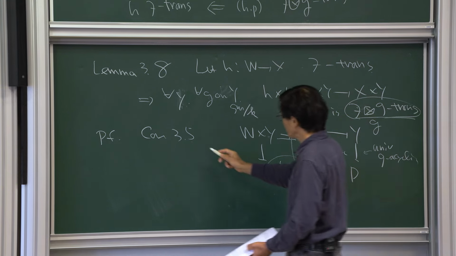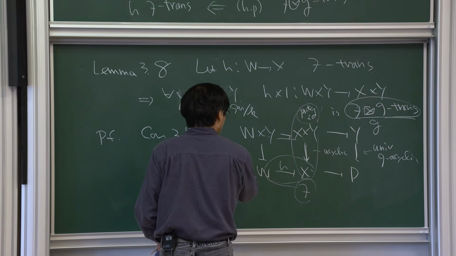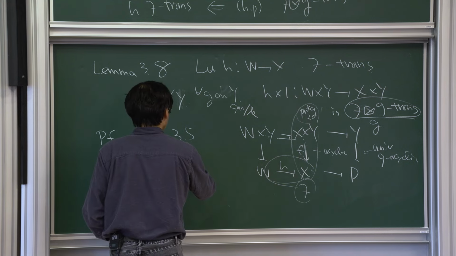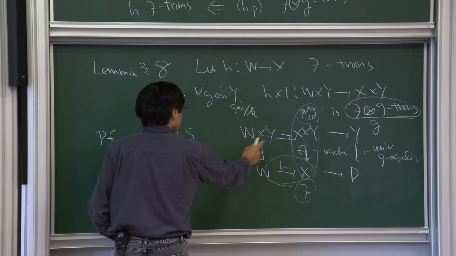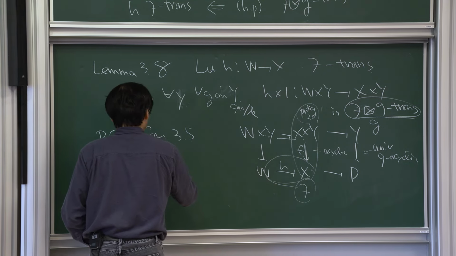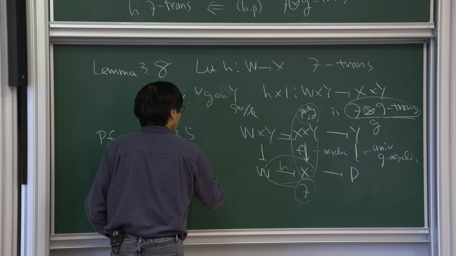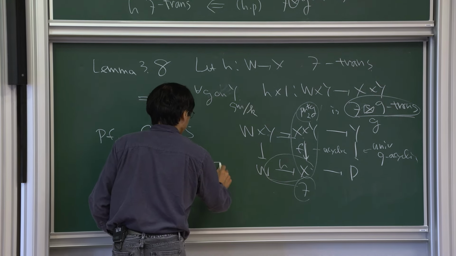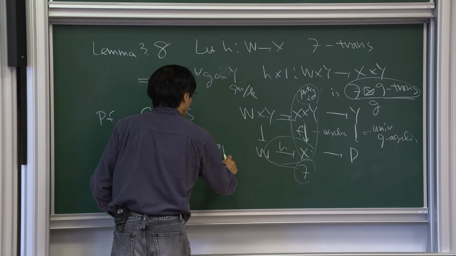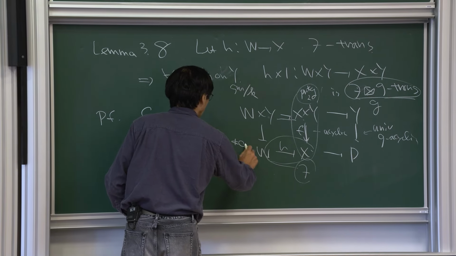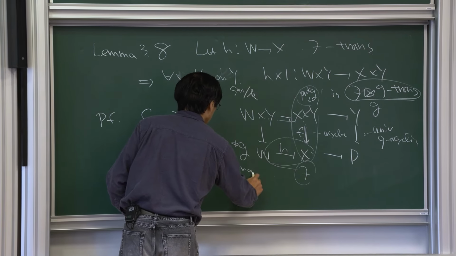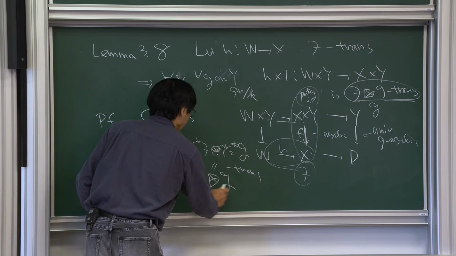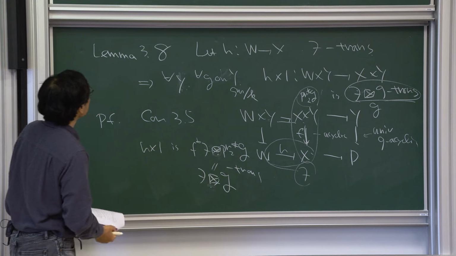So corollary 3.5 says that this H cross 1 is F star F tensor this transversal, but this is exactly this tensor product.